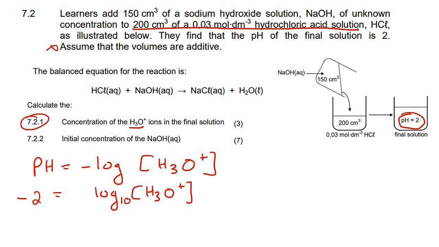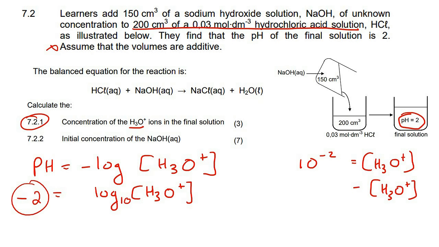With the way logs work, you're going to say the base, which is 10, to the power of the other side, which is negative 2. And so the H3O concentration is going to be, now you can just type this on your calculator, 0.01, and then the mole per decimeter.